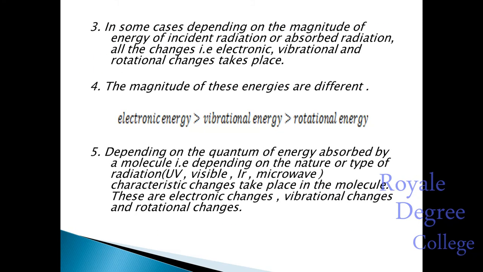In some cases, depending on the magnitude of energy of incident or absorbed radiation, all the changes, that is electronic, vibrational and rotational changes, take place. The magnitudes of these energies are different.